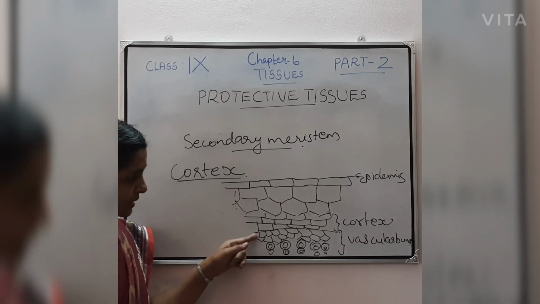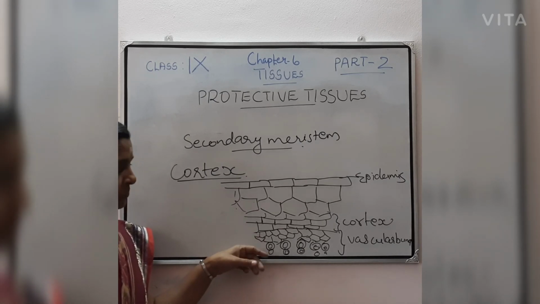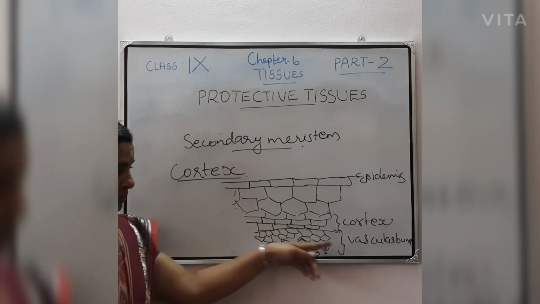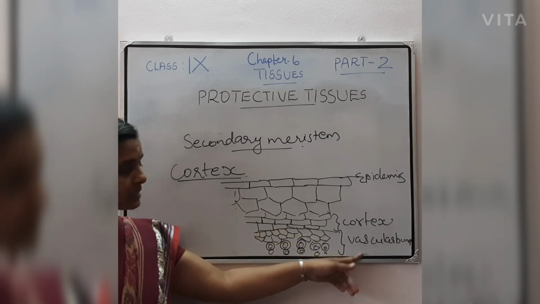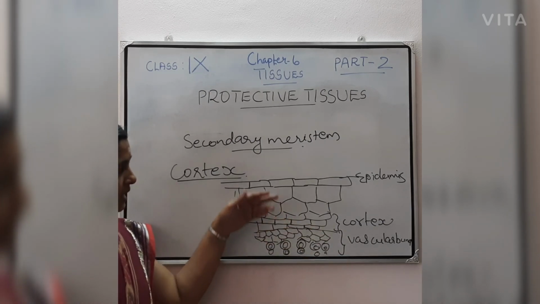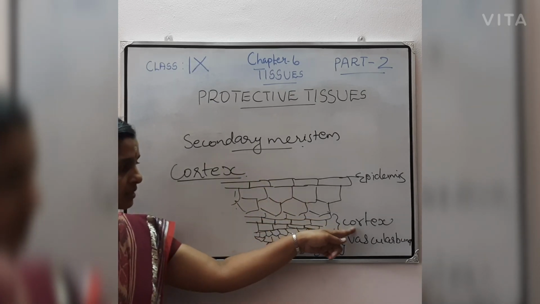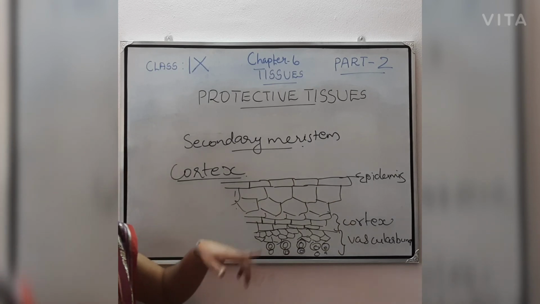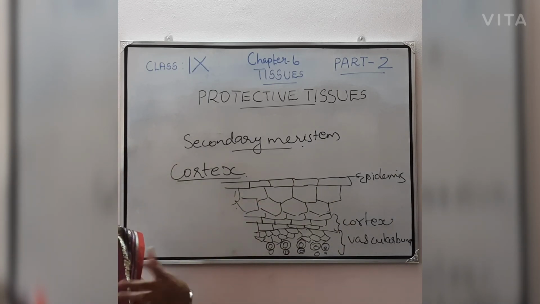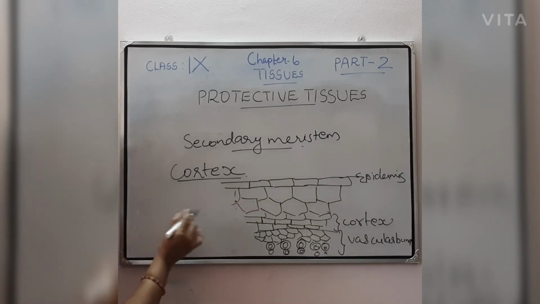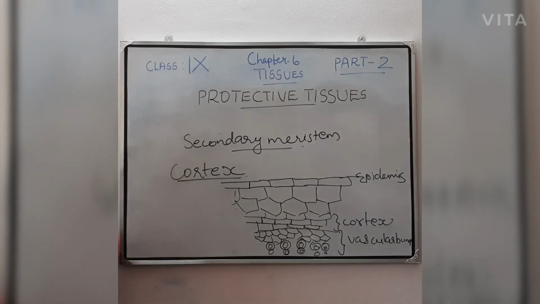Then here you can see xylem and phloem, together the vascular bundles. Above the vascular bundle and below the epidermis there is a region called the cortex. The cells of the cortex region undergo divisions and form layers of cells that finally form cork.